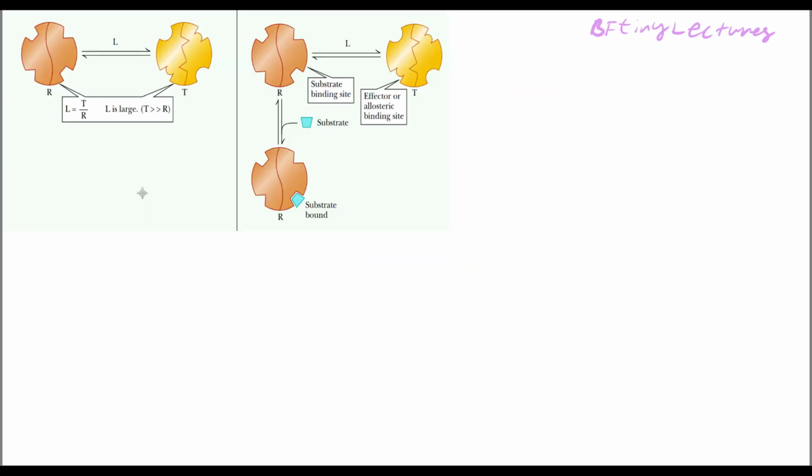Now we will be discussing concerted models, right? So what is a concerted model? Well, in the allosteric enzyme world, there exist two states an enzyme can exist in, right? So we have the R state and we have the T state.